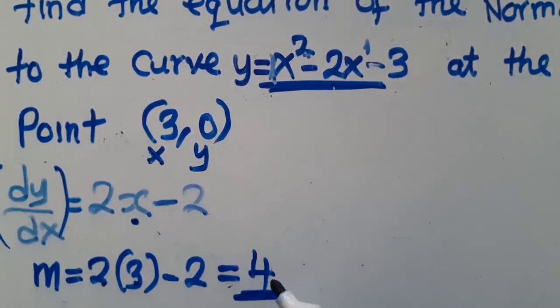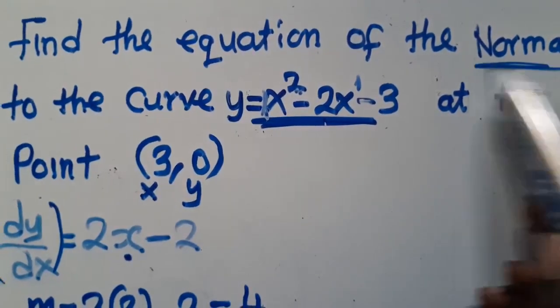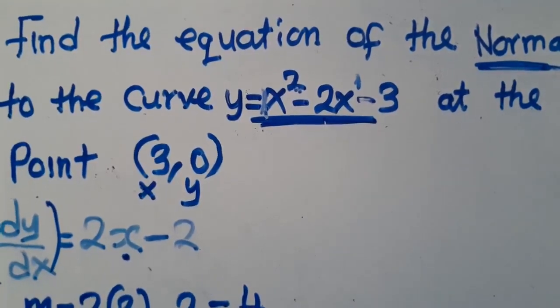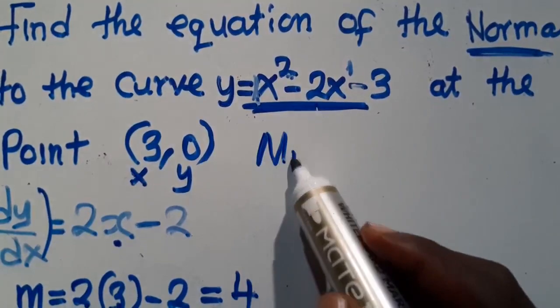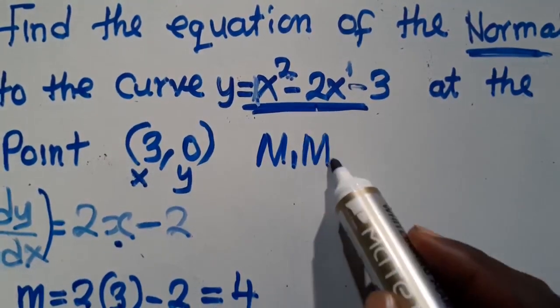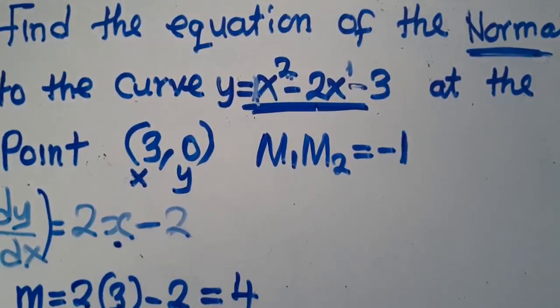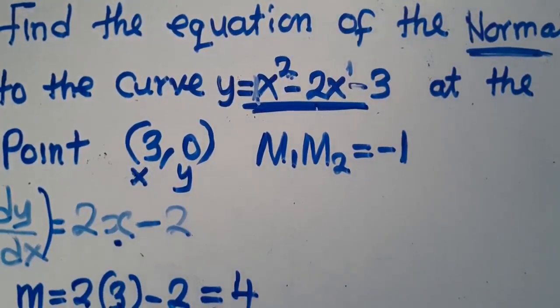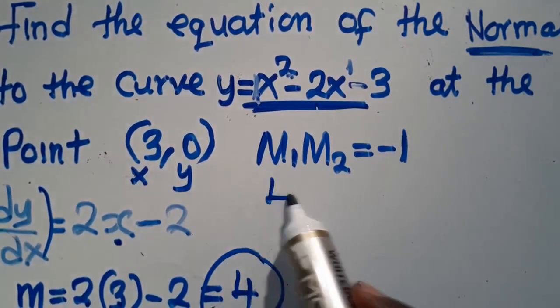Since we are asked to find the equation of the normal, you need to find gradient 2. Where you say that the gradient of the tangent times the gradient of the normal, you need to get negative 1. So this we already know. Since we have this gradient as gradient 1, so we are going to say 4 times m2 equals negative 1.